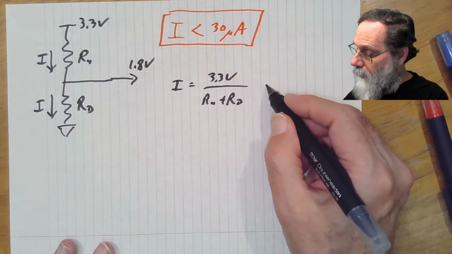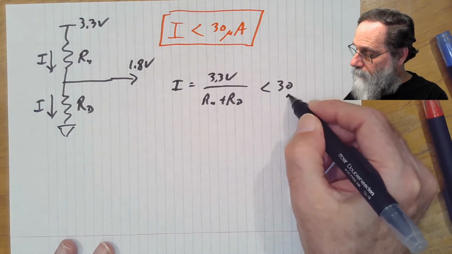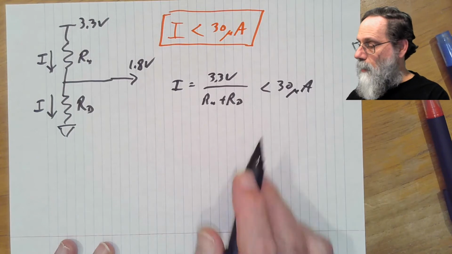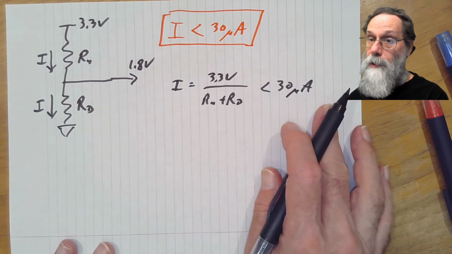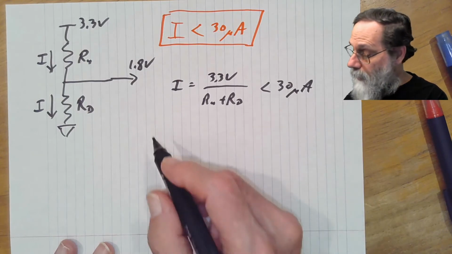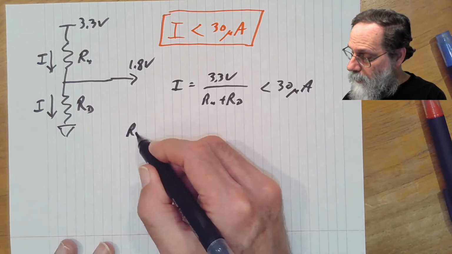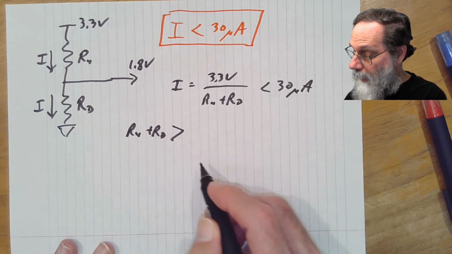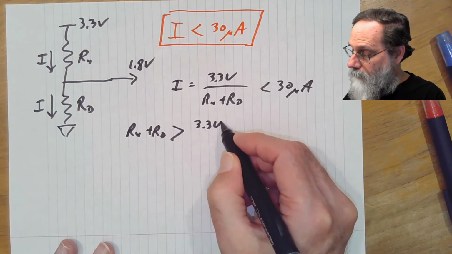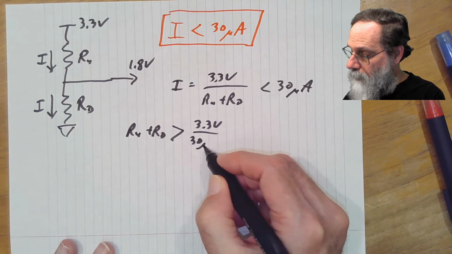And we also know that that current's got to be less than 30 microamps. So we can turn this constraint around. Multiply both sides by RU plus RD, divide both sides by 30 microamps, and get RU plus RD is greater than 3.3 volts over 30 microamps.